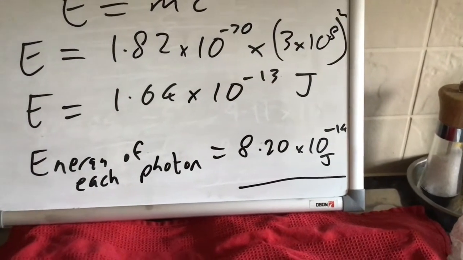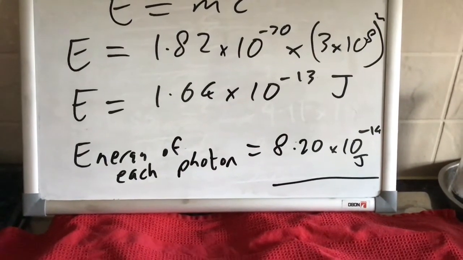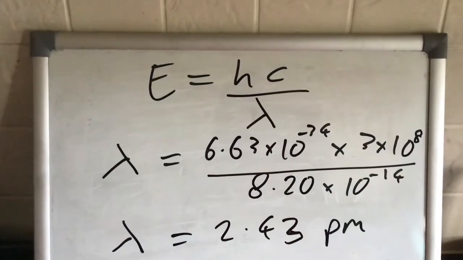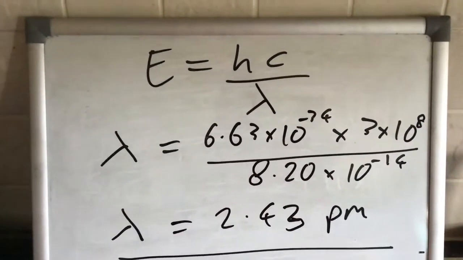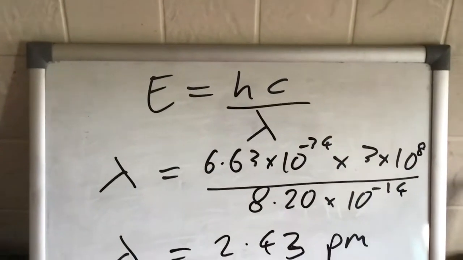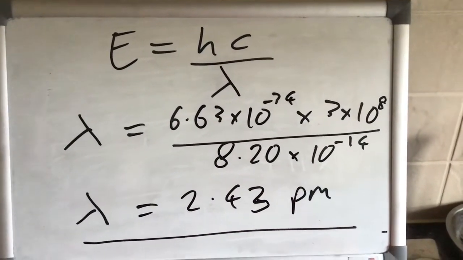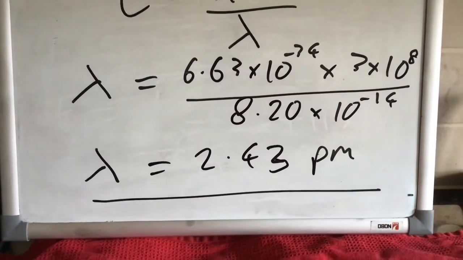We're going to finish this off by asking the question about the wavelength of the photons. We can finish off this section by working out the wavelength of the photons that are emitted in this annihilation event using E = hc/λ. I've rearranged it to make lambda the subject of the equation, and I get a wavelength of 2.43 picometers.